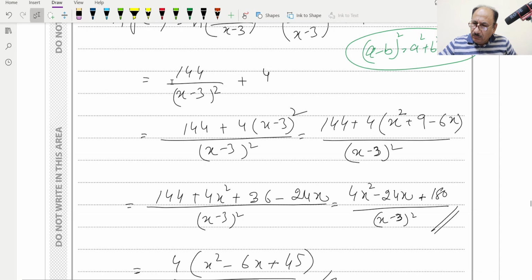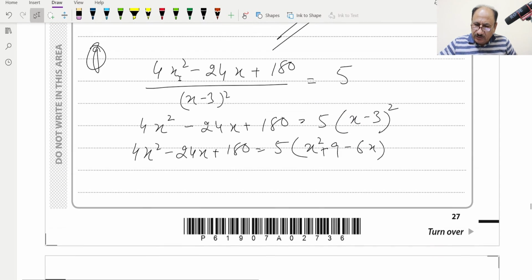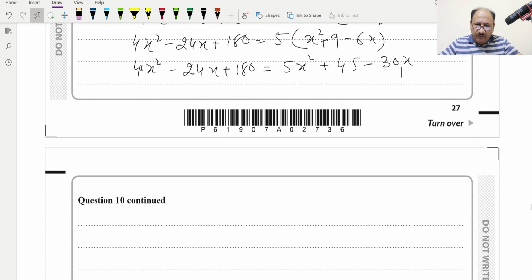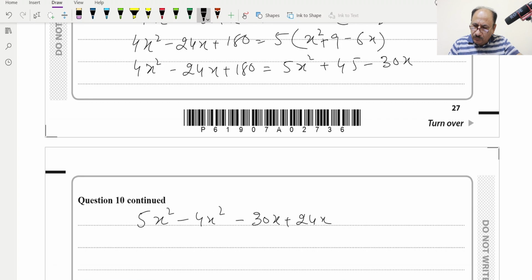We will multiply 5 inside, so it will be 4x squared minus 24x plus 180, and this will be equal to 5x squared plus 45 minus 30x, and further we can simplify this, so we can shift everything to the side: 5x squared minus 4x squared, and minus 30x plus 24x, so plus 45 minus 180 is equal to 0.